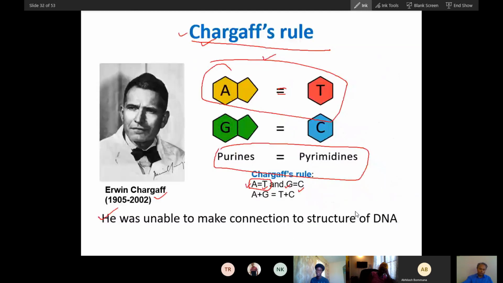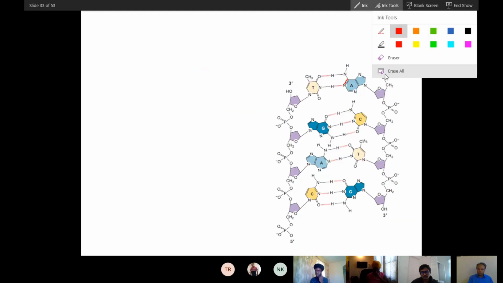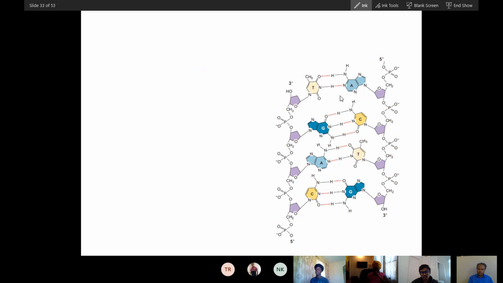So how is adenine equal to thymine and guanine equal to cytosine? If you don't understand, please ask. You can see this is adenine and this is thymine.